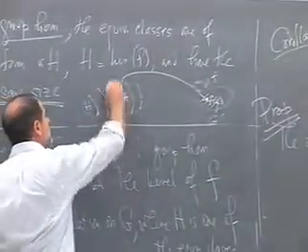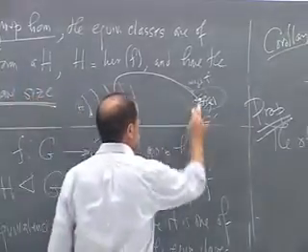Each coset contains the same number of elements, and the number of cosets is the number of points in the image.